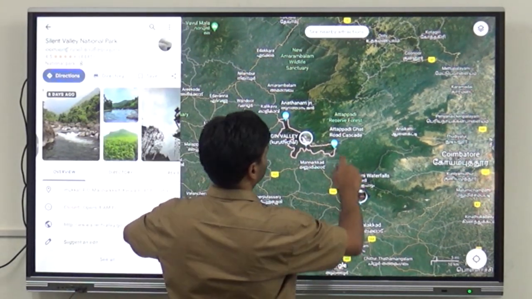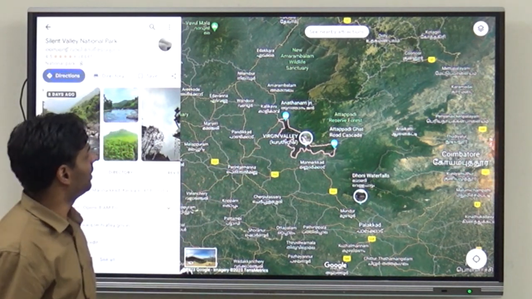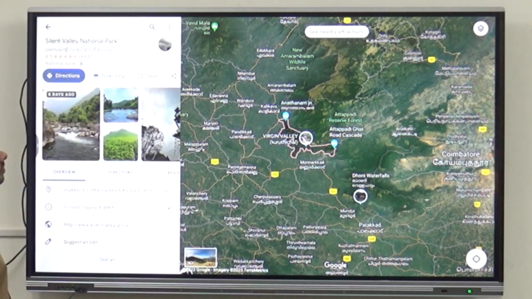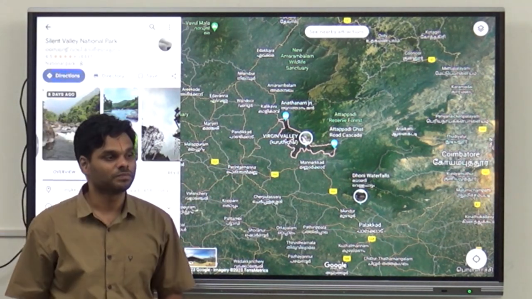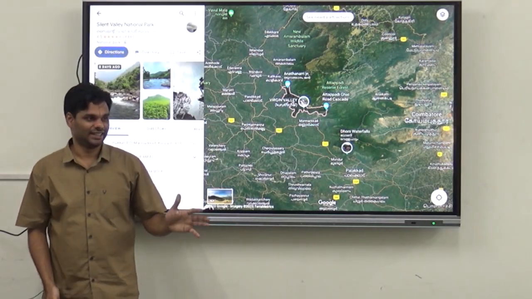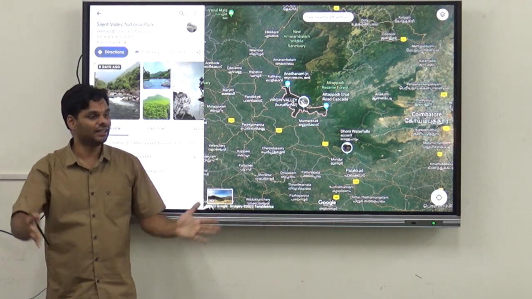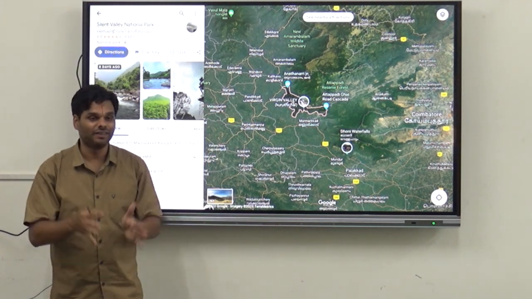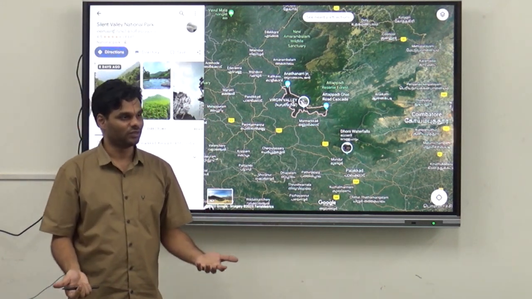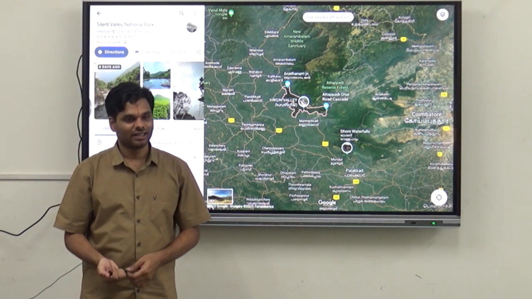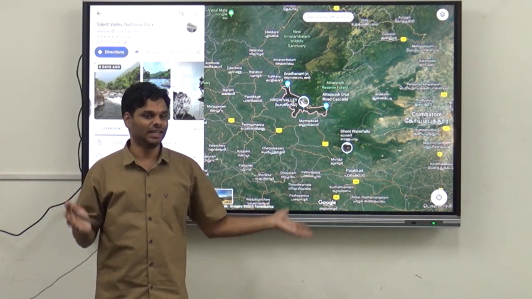Okay, so this is the Silent Valley National Park. Like the name suggests, it's a valley. It is nestled in the Western Ghats and in a valley. You know what is a valley? A valley is the V shape between the hills.